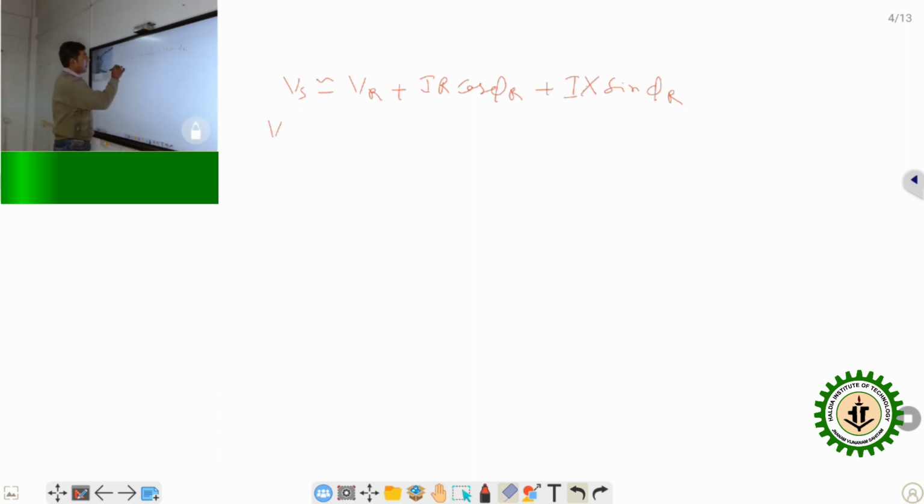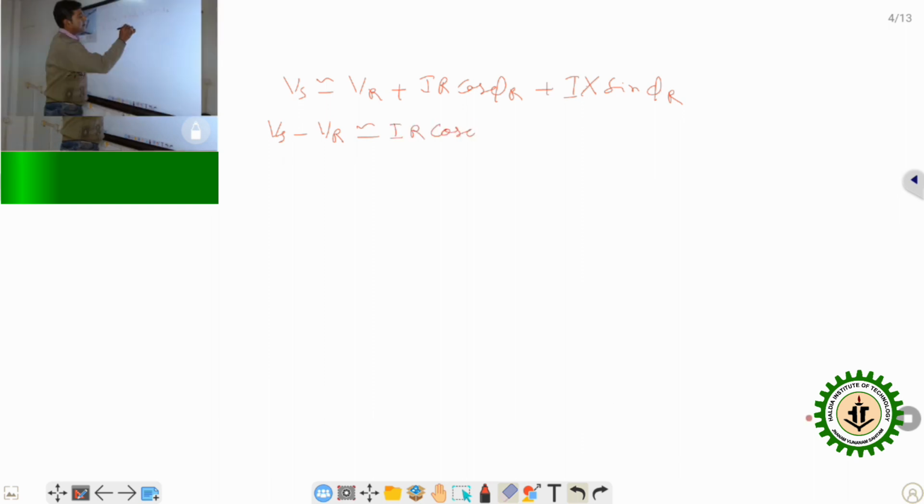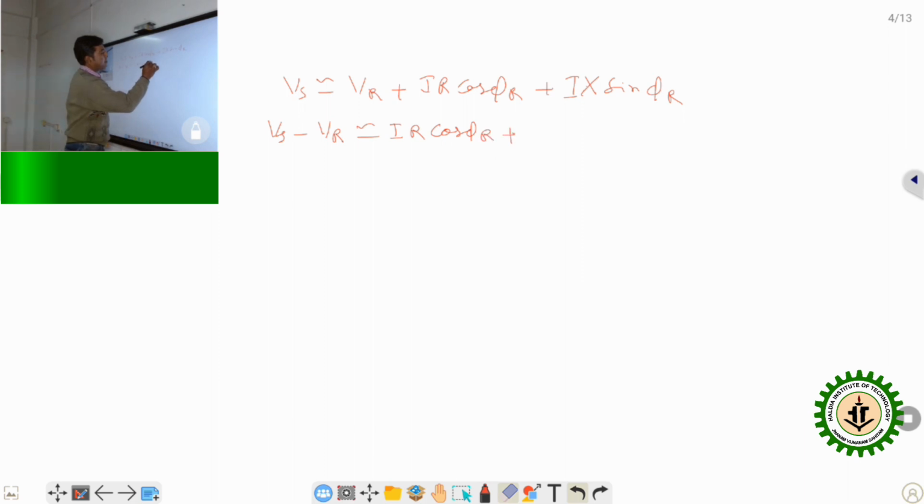Again we can write Vs minus VR, that means the difference between sending end voltage and receiving end voltage is approximately equal to IR cos phi plus IX sin phi. Okay.